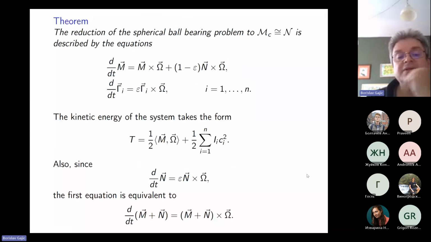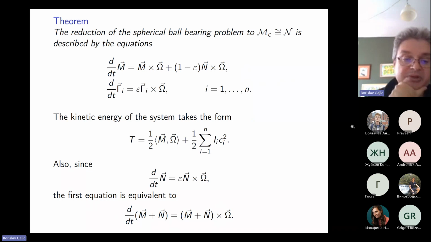And we proved that our system is reduced to this set of equations. Very nice set of equations. When epsilon is equal to 1, this term disappears, and it looks almost like the Euler equations. And we can write the equation also in this form, where we put m here as the sum of m and n. And we proved that our system has an invariant measure.